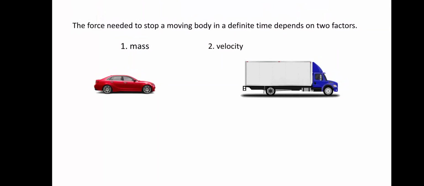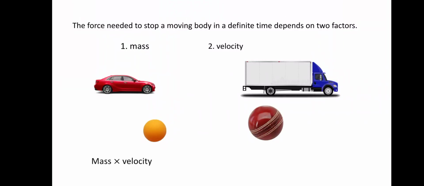And similarly, the cricket ball will have more impact when it hits us, because it has more mass. So here the mass and velocity are the two factors, and if you multiply this mass and velocity, the product that we obtain is called linear momentum.